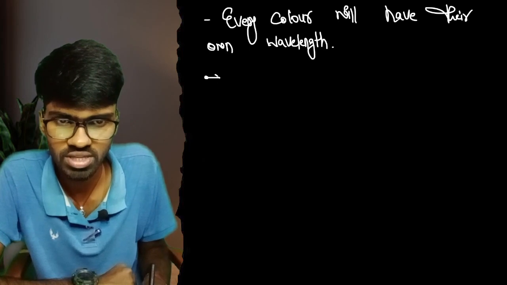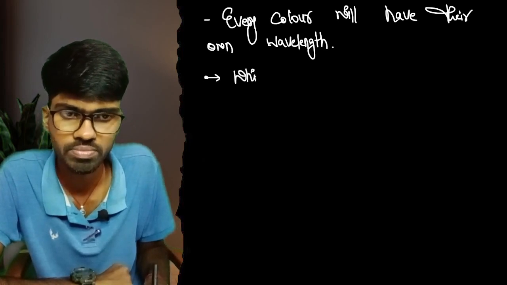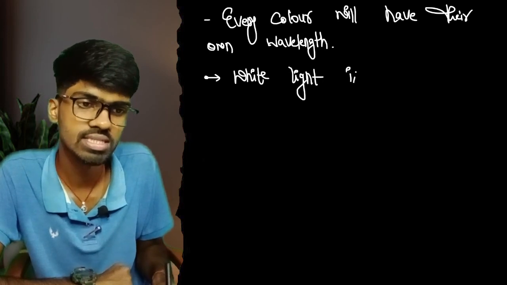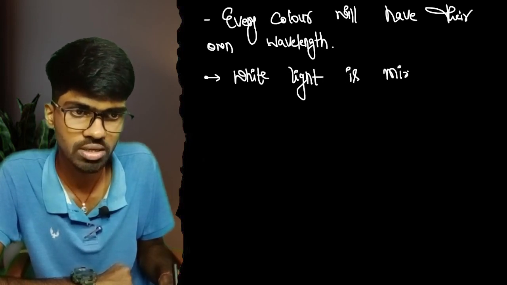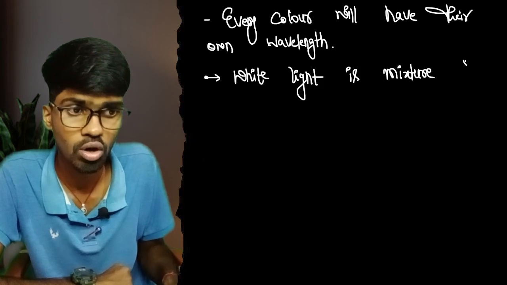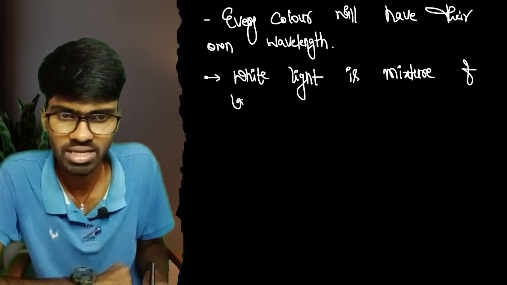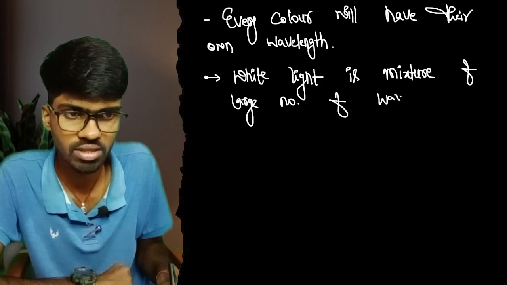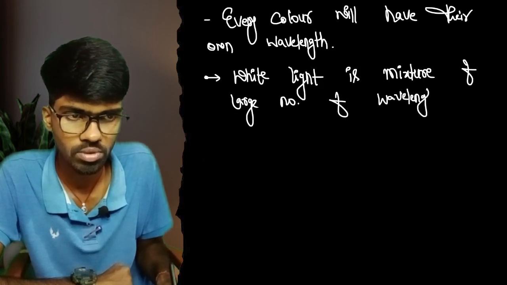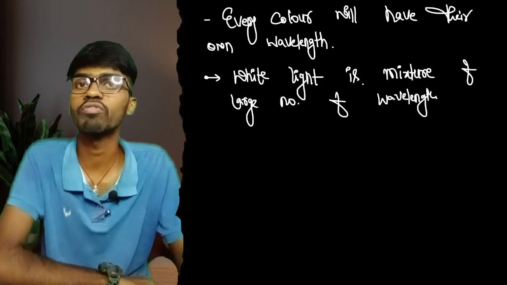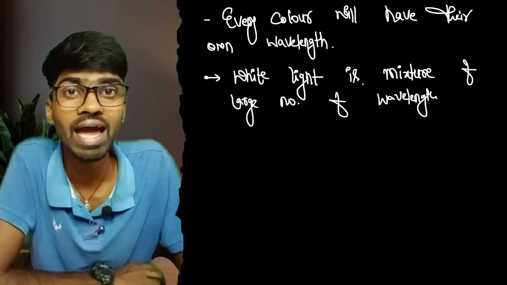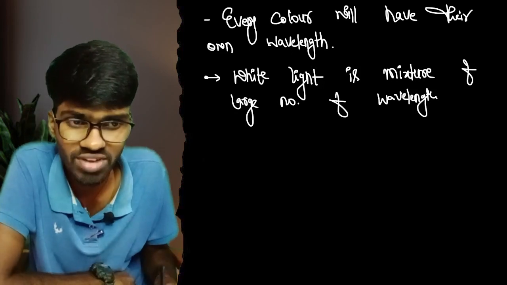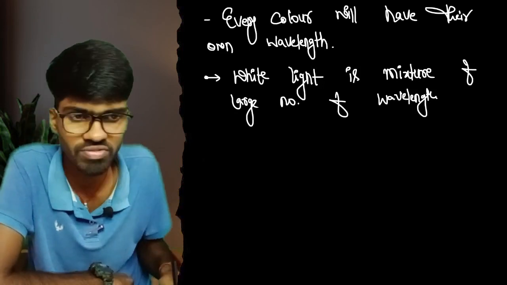So what we can further write is that white light is a mixture of a large number of wavelengths. Since white light consists of several colors and all the colors have different values of wavelength, we can say that white light is a mixture of a large number of wavelengths.